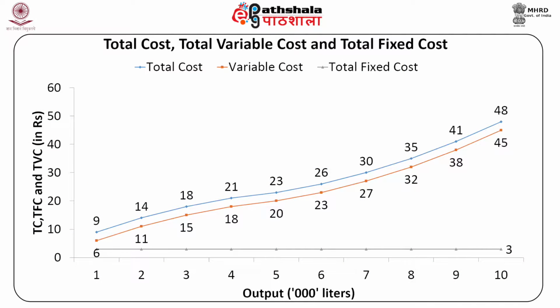Figure 1 represents the shape of TC, TFC and TVC. TFC is horizontal to the x-axis as TFC does not change with the changes in the level of output. TVC and TC have a similar S shape. To show the shapes of the TC and TVC, the above figure is divided into two sections.